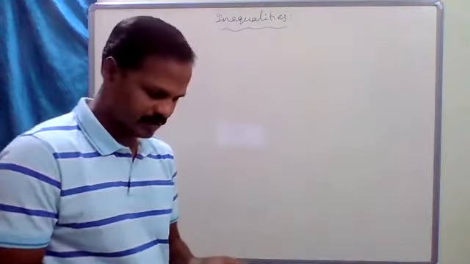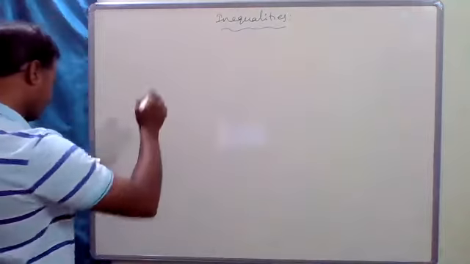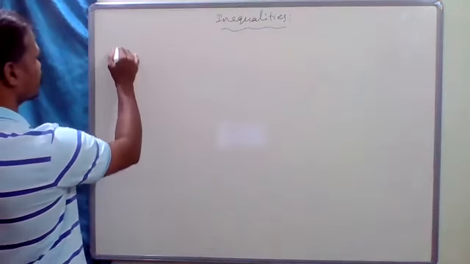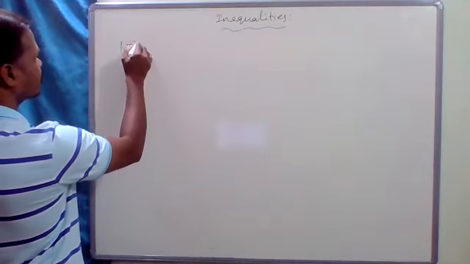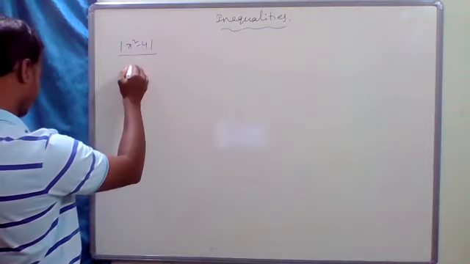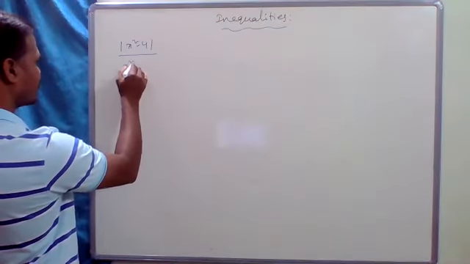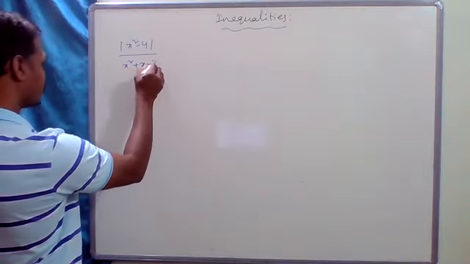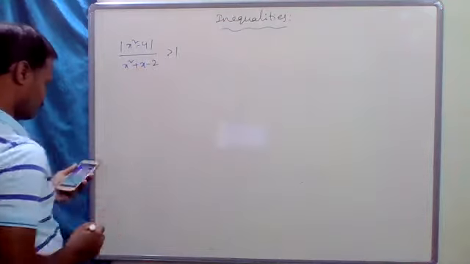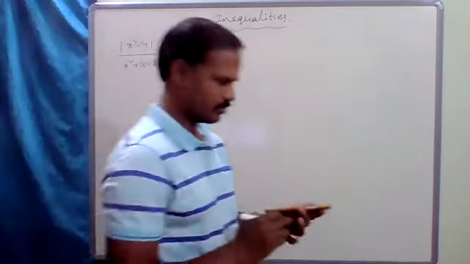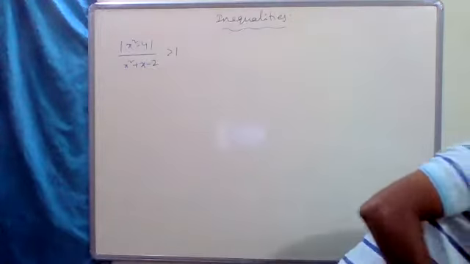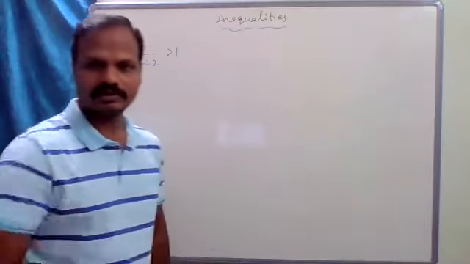Okay, so another problem is the modulus x square minus 4 by x square plus x minus 2 greater than 1. Okay, fine. So this is the problem.